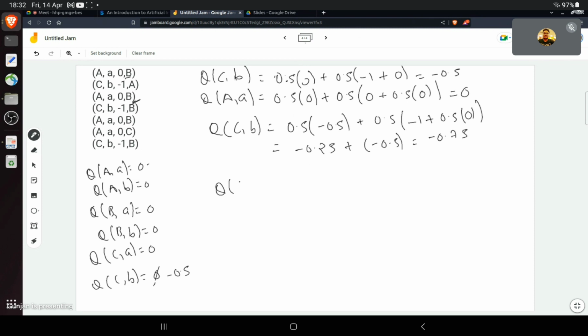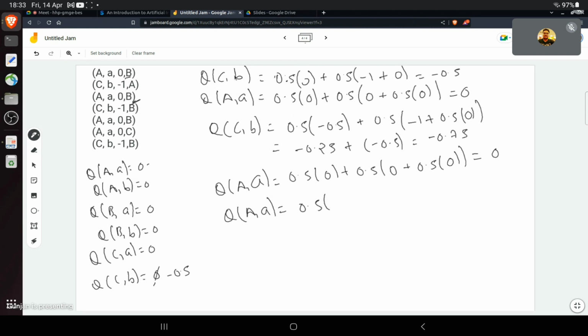Then we have Q(a, a) again, right? So Q(a, a), and that takes us to b, so it will be 0.5 times 0 plus 0.5 times the reward plus gamma is 0.5 and the max value of b is 0, so this will be 0. Then we again take Q(a, a), and this time it takes us to c, right?